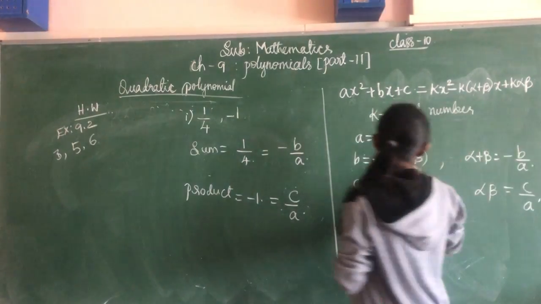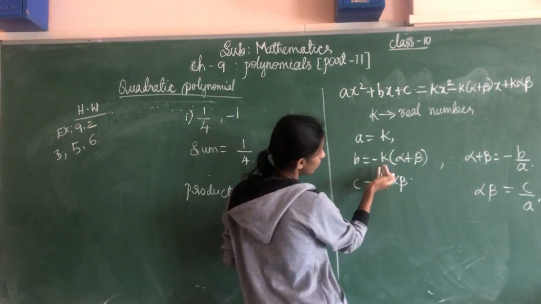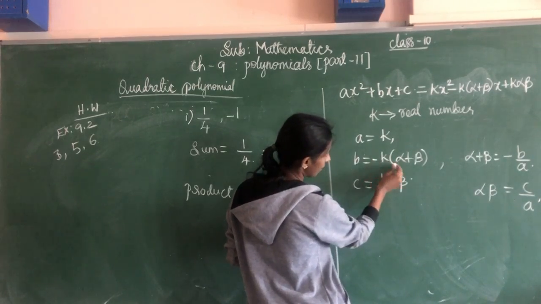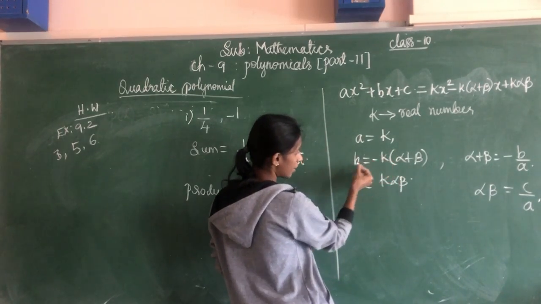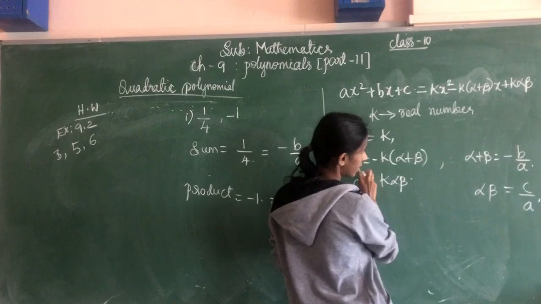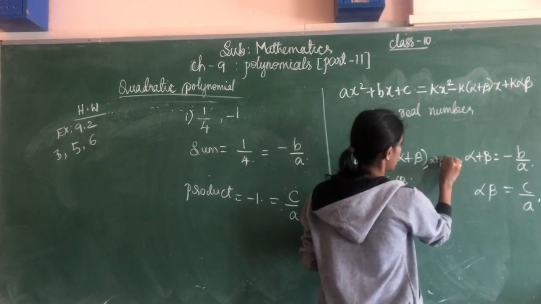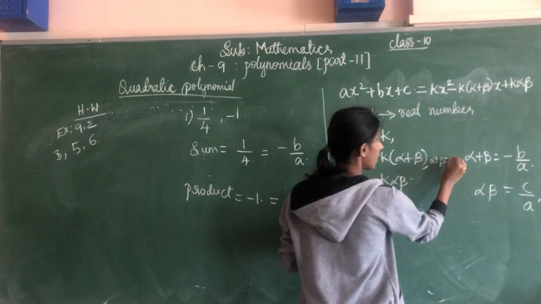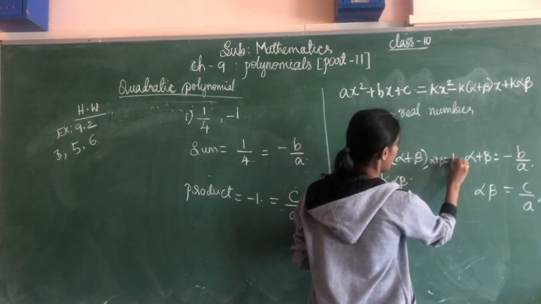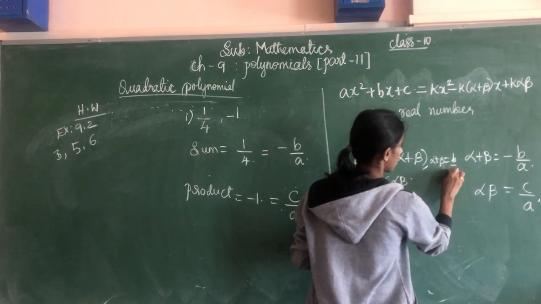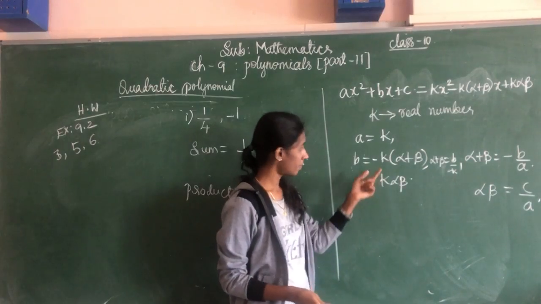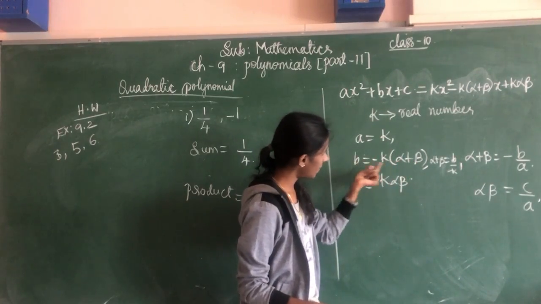From this, alpha plus beta is equal to, if I take this k to this side, it comes to the denominator, isn't it? Alpha plus beta is equal to b by minus k.